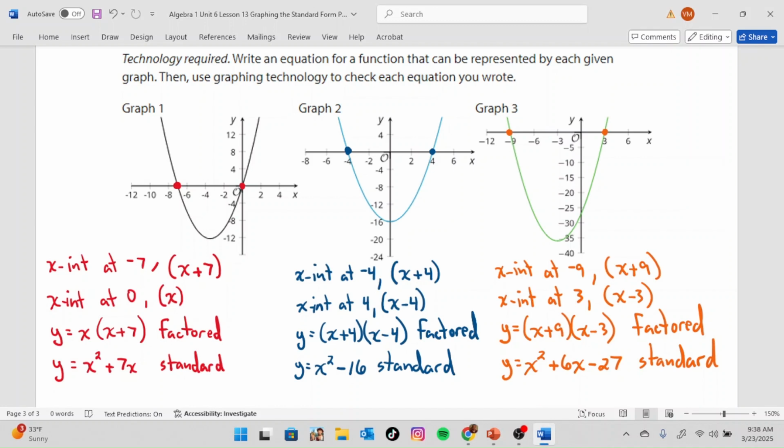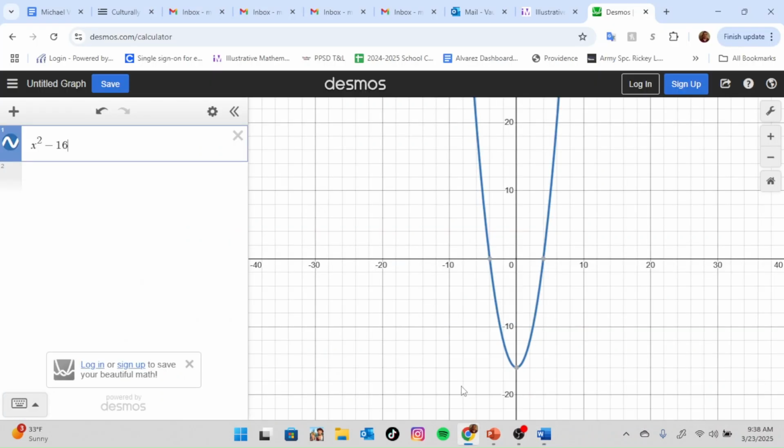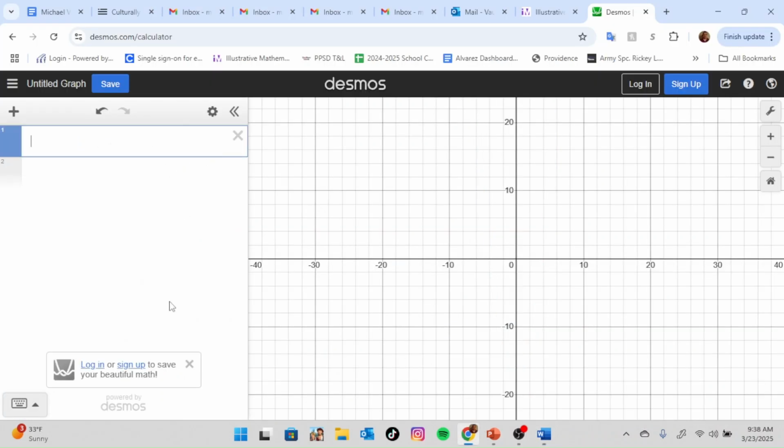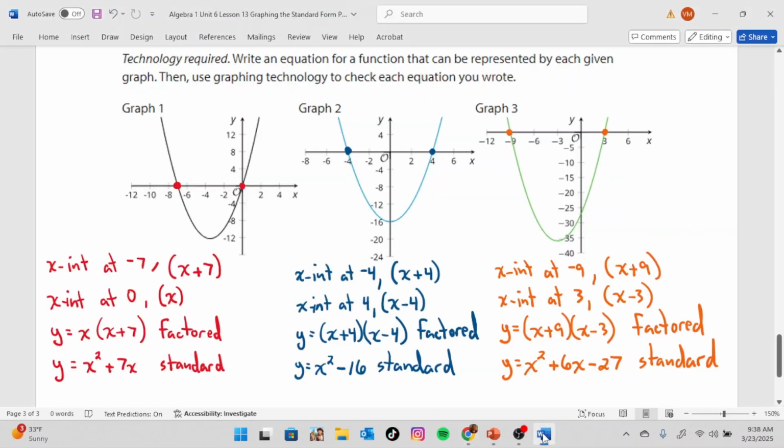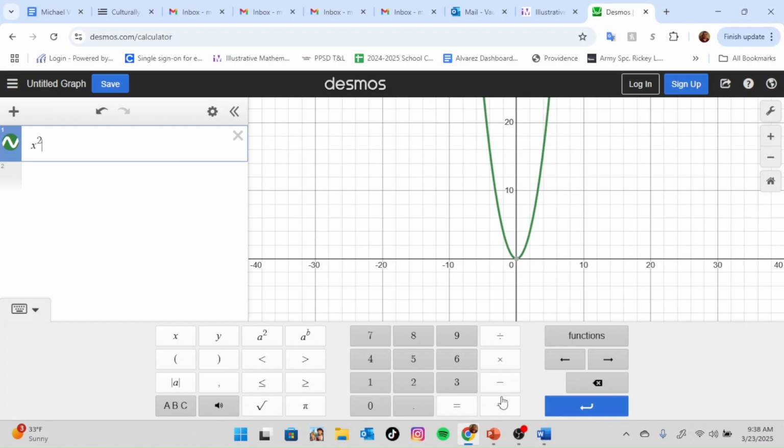And graph 3, we had x squared plus 6x minus 27. So x squared plus 6x minus 27.